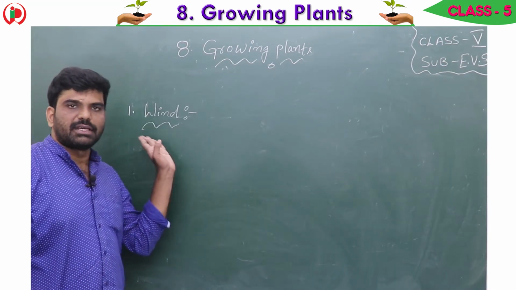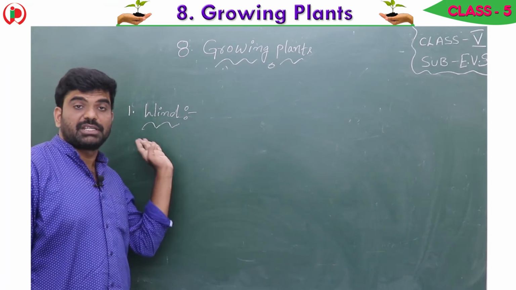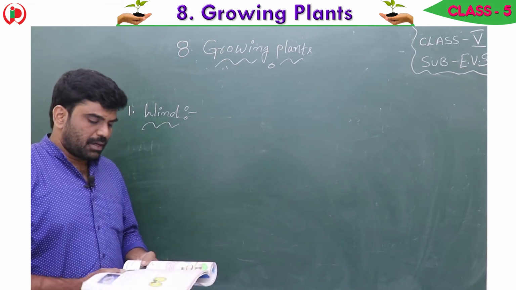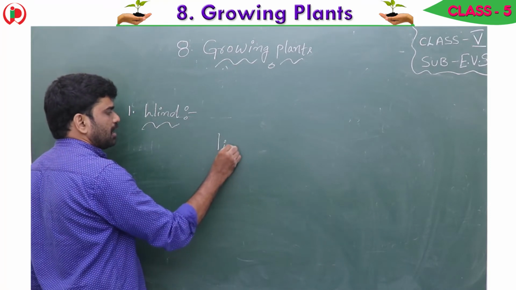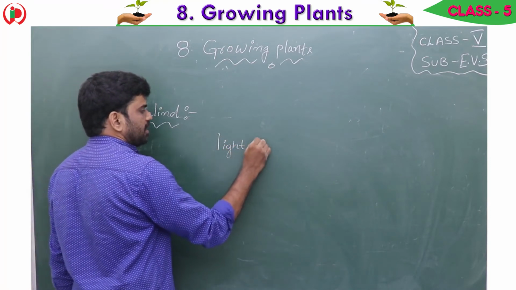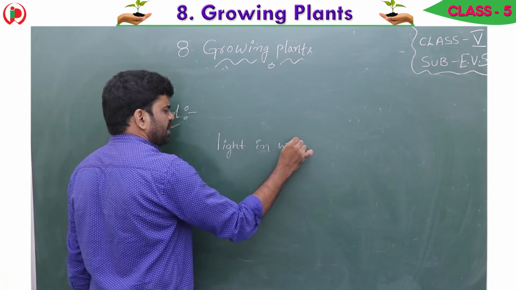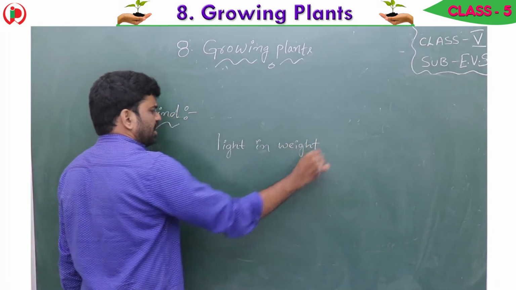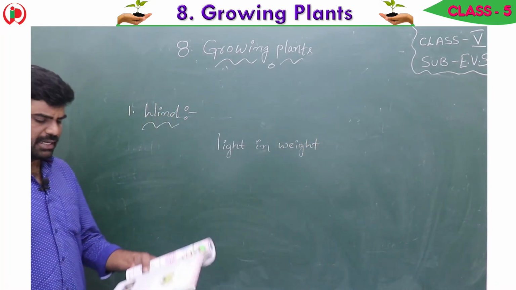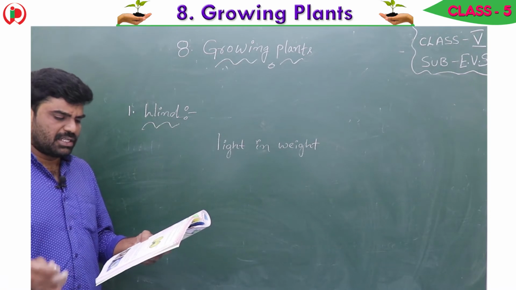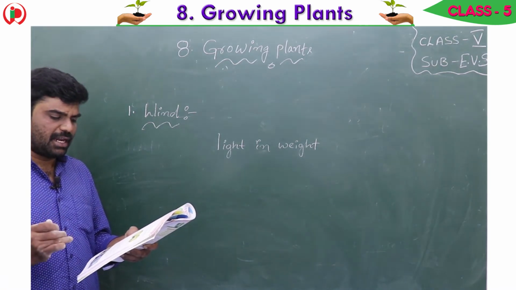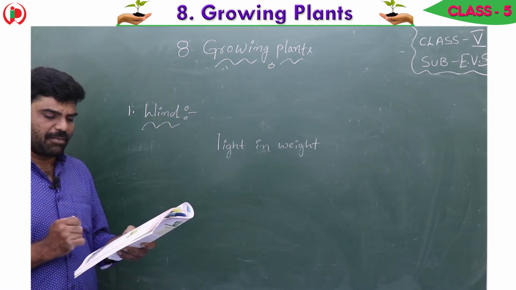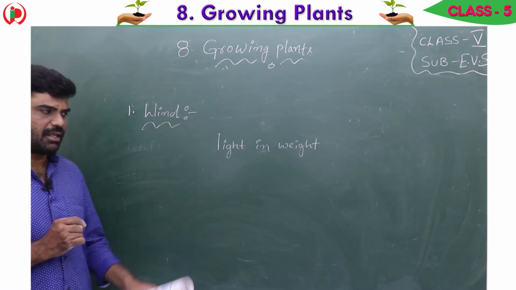Children, now see, we have four agents. The first agent is wind. Some seeds are light in weight, that means they have very little weight. Some seeds are light in weight and have special fluffy hair or wings that help them to be carried away by wind from one place to another place.